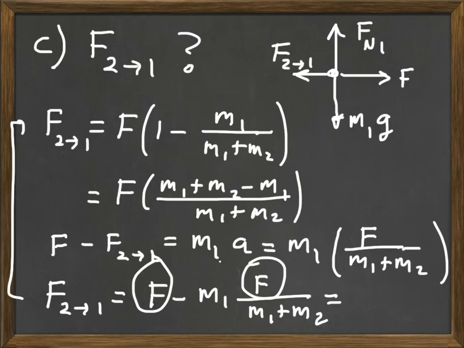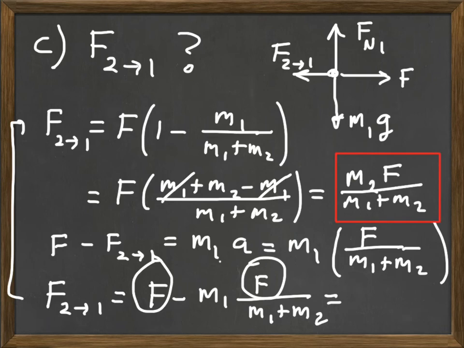One more thing that we can do, algebra-wise, is to take a common denominator, m1 plus m2. Now the numerator would be m1 plus m2 minus m1. We can now cancel m1, and what do we get? The force that 2 puts on 1 is m2 times F divided by m1 plus m2.